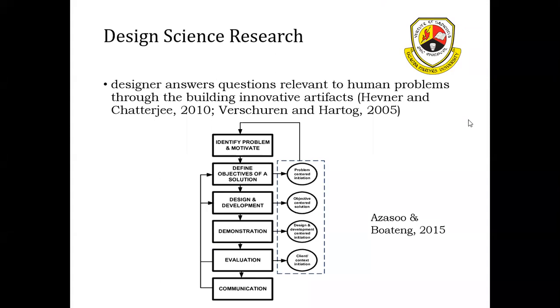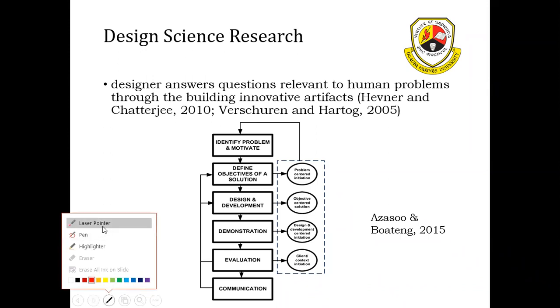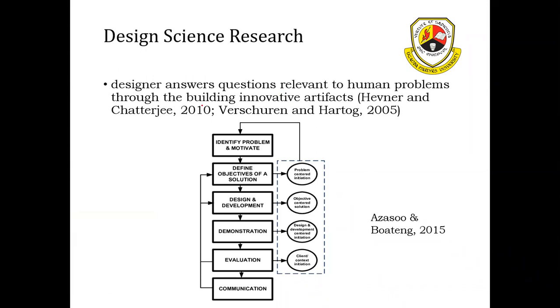Design science is a method which was developed specifically for IT, IS, ICT researchers, specifically, and the intention is for those who are building innovative artifacts, which is something IS and IT students do.